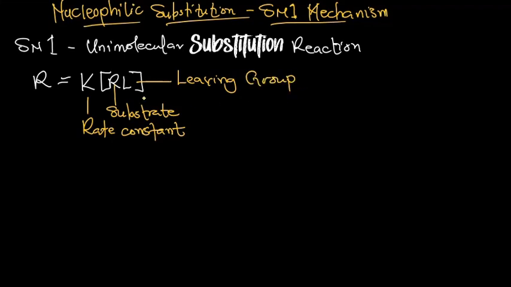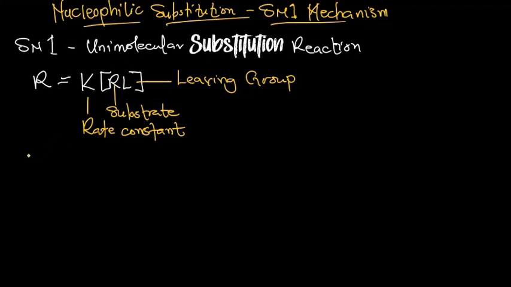Okay, so I want you to notice that in this rate equation, we are not including the nucleophile. So it is a reason why it is referred to as unimolecular substitution reaction. That means the rate of the reaction actually depends on the concentration of the substrate.